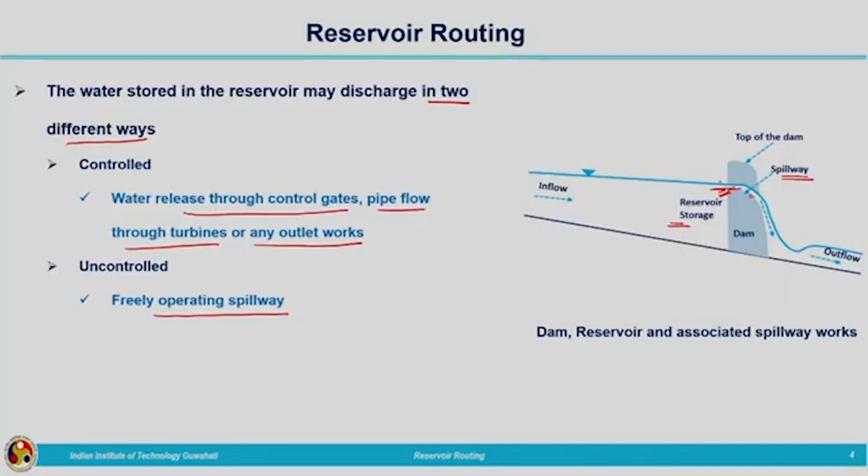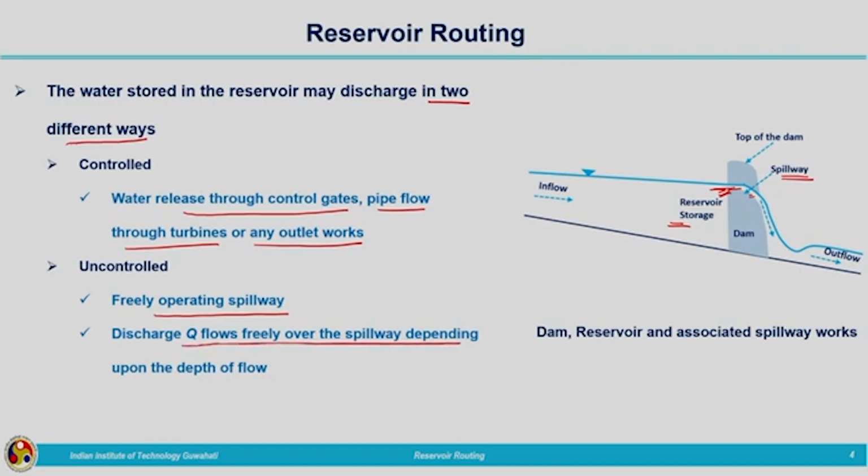In the case of freely flowing spillways, when it reaches this particular level, water will start flowing freely. But in the case of spillways which are having controlled structures such as gates, these gates have to be operated according to the water level. So, in the case of the uncontrolled way of release, discharge Q flows freely over the spillway depending upon the depth of flow.